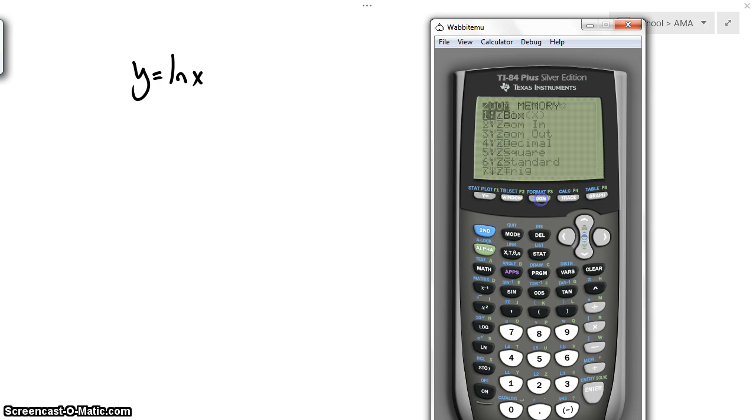I'm going to maybe just hit zoom decimal perhaps to have a somewhat friendly window. And here's what the graph of the natural log of x is. We could certainly look at a table very quickly and see that, of course, you can't have negative x values substituted in. You can see that you can't even have a 0 substituted in.